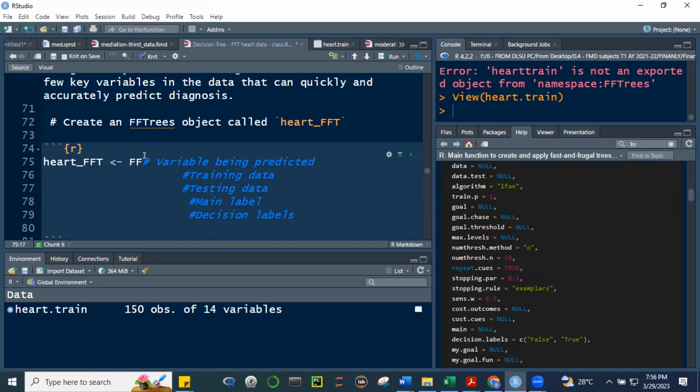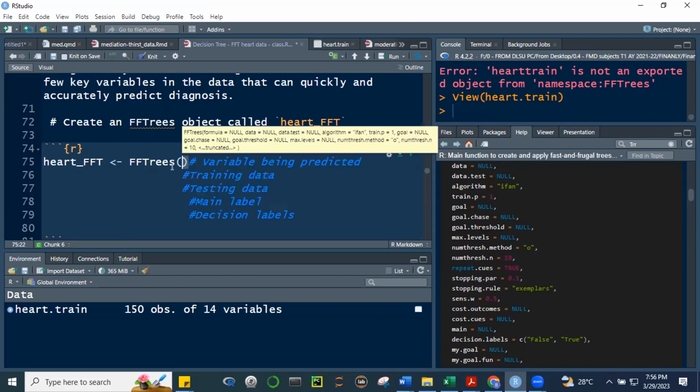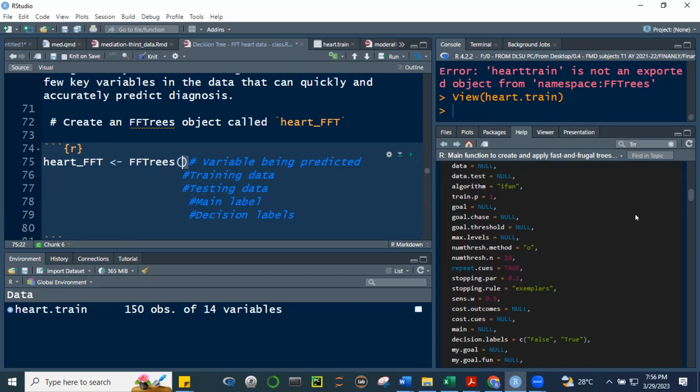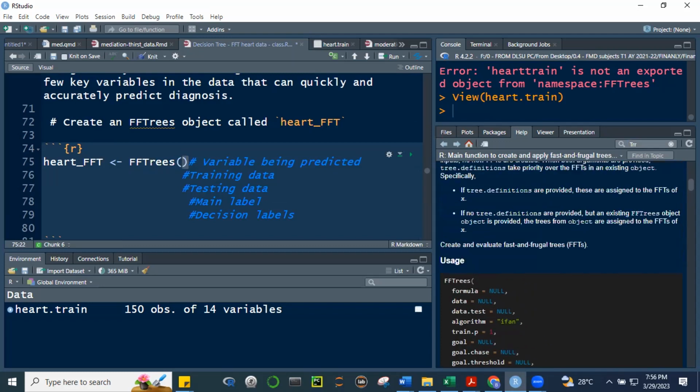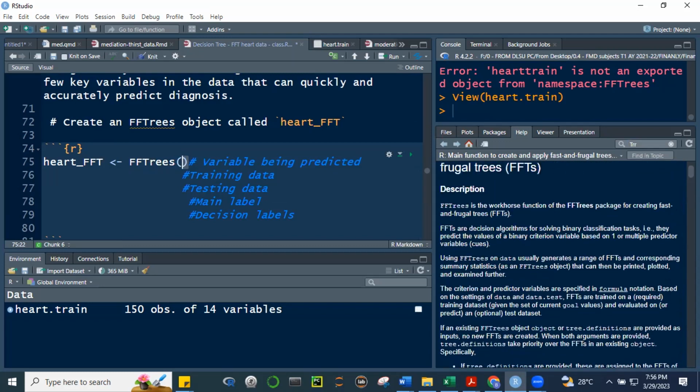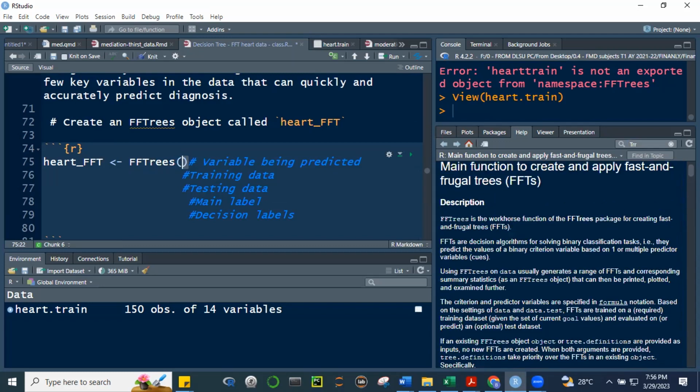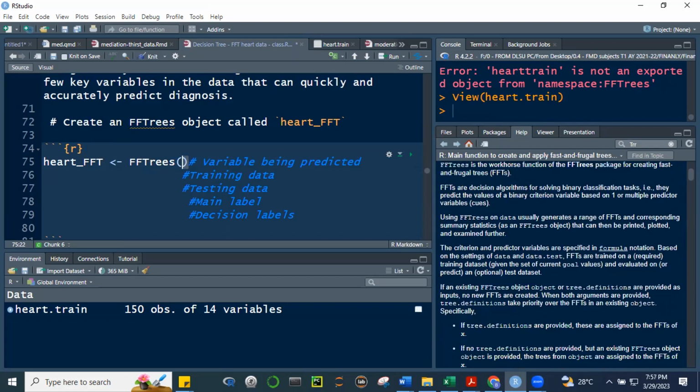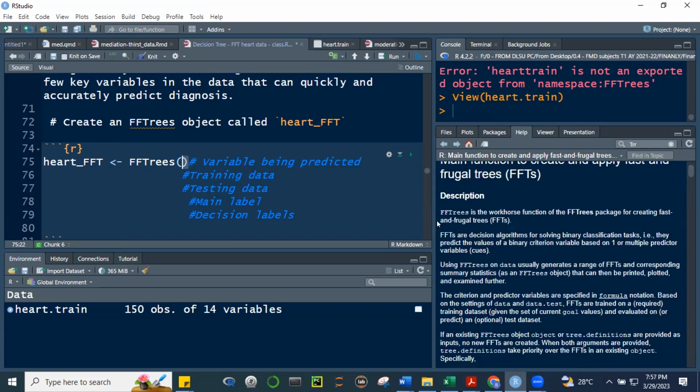Lolo ko talaga itong ano ko, sorry guys. Ang mouse ko medyo slow siya. Alright? So, as we said here, yung pinaka-main workhorse ng FFTrees package is itong function na to, FFTrees.